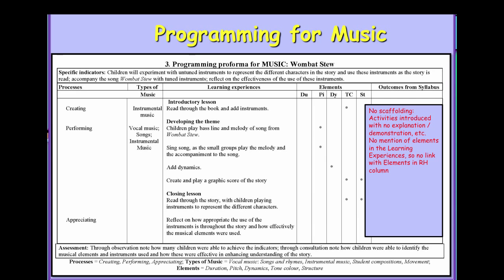There's no mention of the elements in the learning experiences, and so no link with the elements that have been ticked in the right-hand column. There's insufficient work for 6 weeks, but the indicators are specific and observable, and the assessment shows how and what, so that's good.